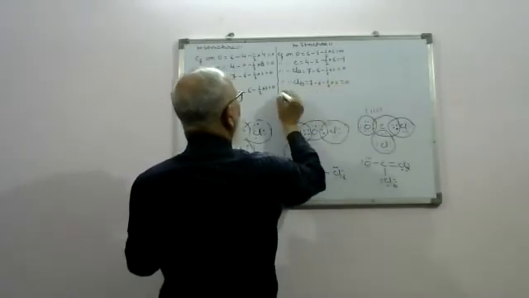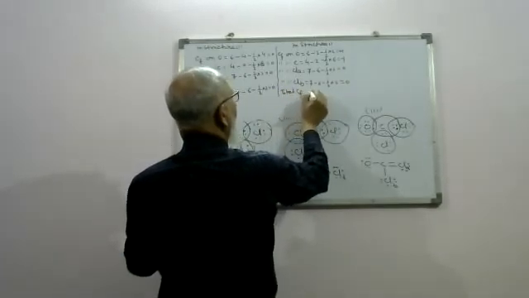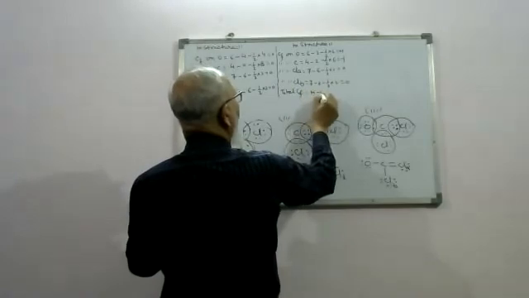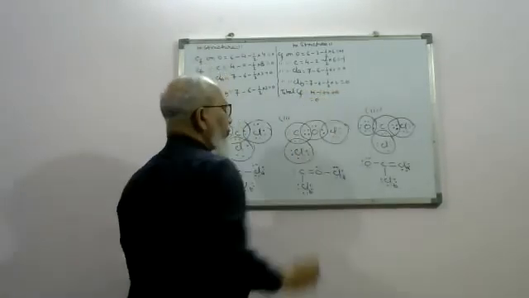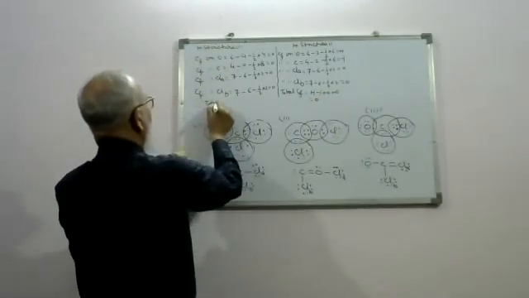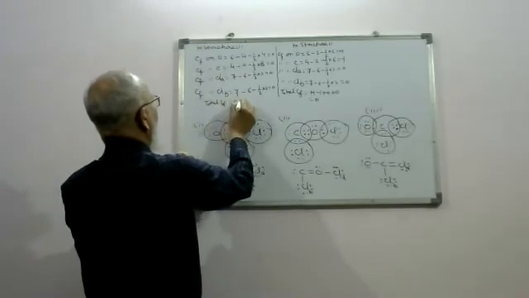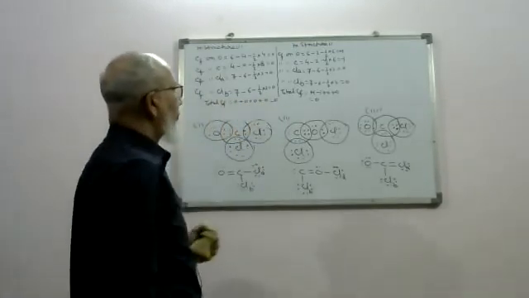This is equal to 0. So total FC is equal to plus 1 minus 1 plus 0 plus 0. This is equal to 0. So total FC here also equal to 0 plus 0 plus 0 plus 0 is equal to 0.